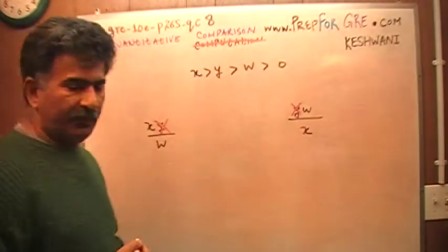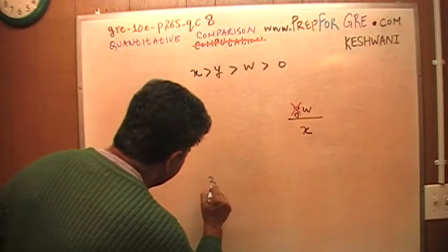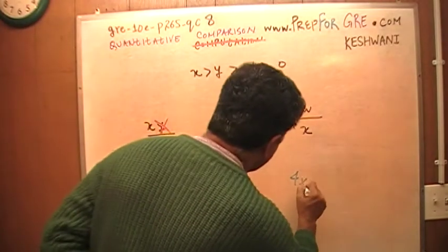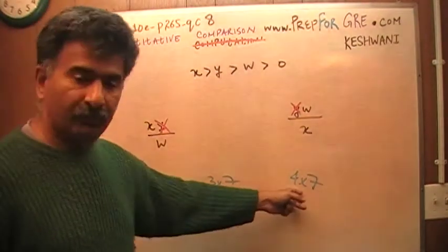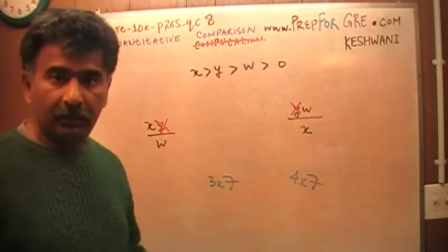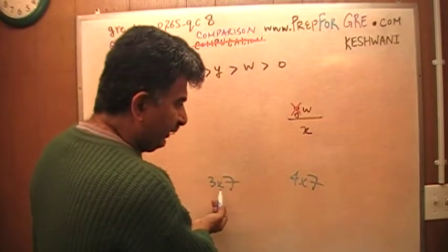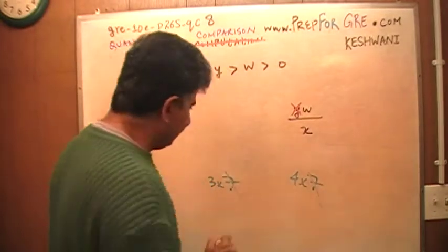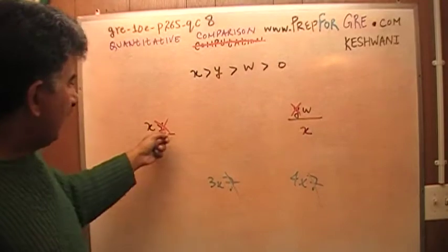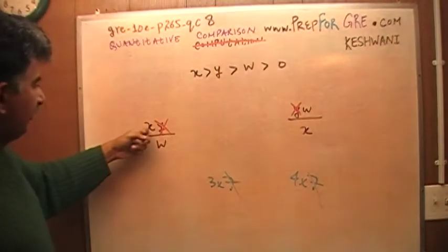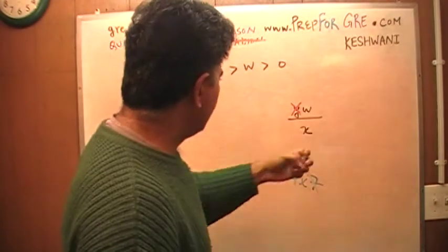In other words, if you ask me which quantity is bigger, 3 times 7 or 4 times 7, I could actually sit there and figure out what 3 times 7 is and what 4 times 7 is and then tell you that this is bigger. Or I could be smart enough to realize right away that since you're taking 7 times that amount here and 7 times here, 7 plays no role. 4 is bigger than 3, so this quantity is bigger. That's all. So y plays no role. So basically what we are asked to compare is x over w versus w over x.